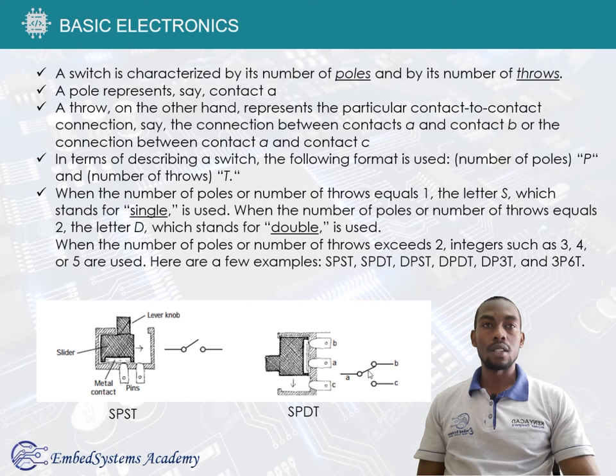So we have double throws here. That's why this switch can be called a single pole double throw. It has a single pole and two throws. Sometimes we also have a single pole, single throw. Those are the kinds of switches that we may have.